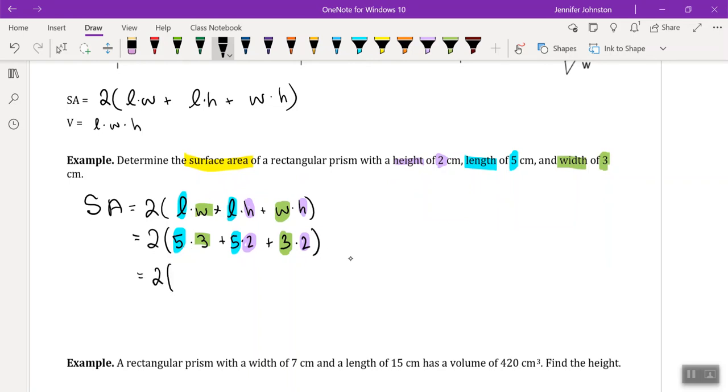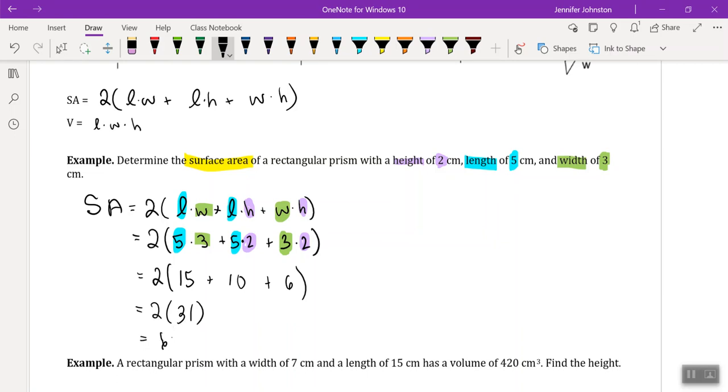So let's put these all together. We still have to use BEDMAS. So when we're putting this together, we're not going to add, we're going to multiply first. So here we should get 15 between these two, plus 5 times 2 is 10, plus 3 times 2 is 6. So adding those all up, 15 plus 10 plus 6 gives us 31, which is equal to, well, 2 times 31, so double 31.